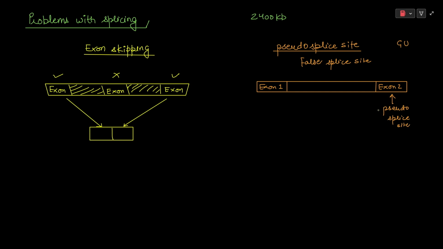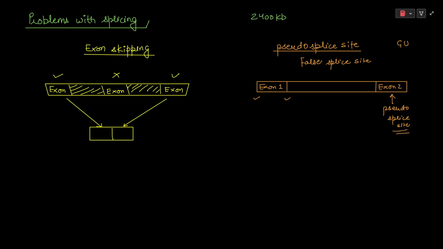Now this kind of error happens when there is a pseudo splice site, and what will happen here? The spliceosome will recognize these 2 sites, the 5' and the 3', right? And instead of recognizing this site, which is your 3' splice site, the splicing machinery will recognize the pseudo splice site.